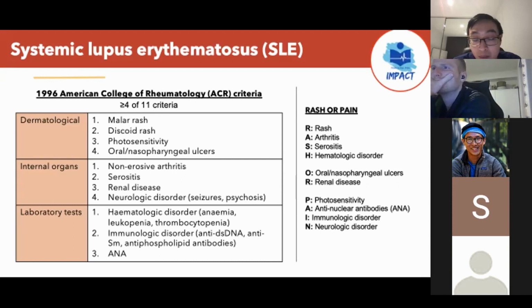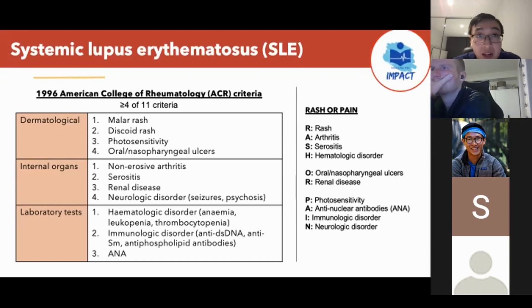So on a path slip, you'll write ANA plus ENA. ENA will include Jo1 and also anti-Smith. You'll order separately anti-double-stranded DNA, which is positive in 70% of patients with SLE. And yeah, anti-Smith as well, which is part of your ENA.